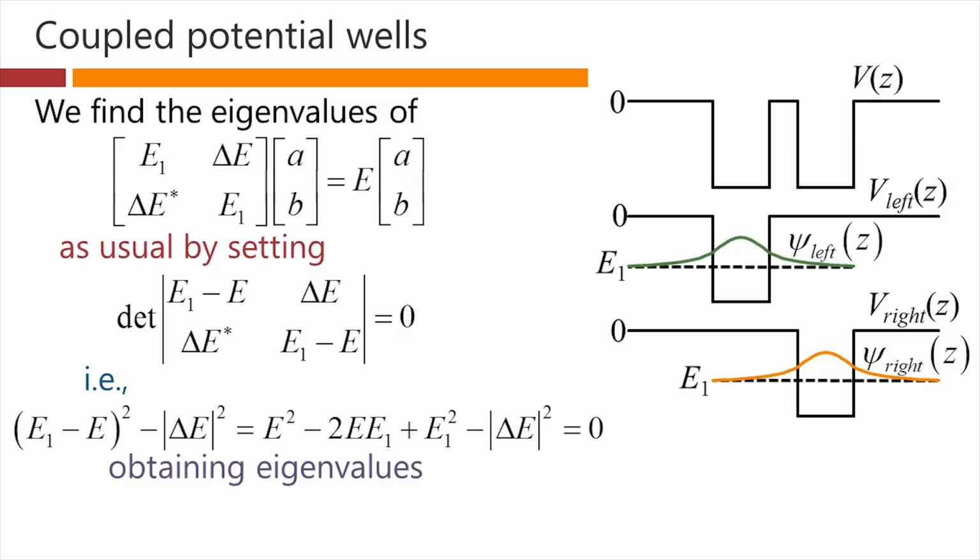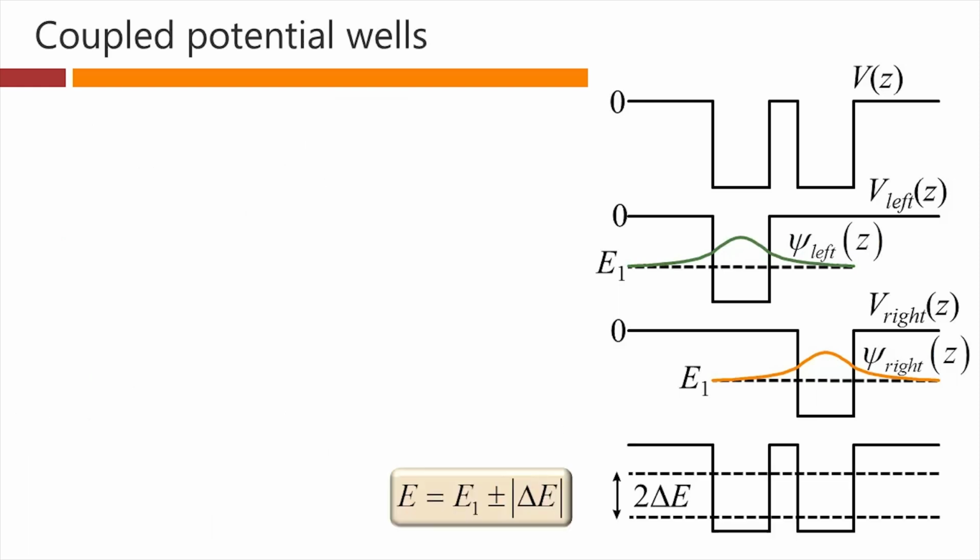And that gives us eigenvalues from the solutions of this quadratic, and they will be eigenvalues E equal to E1 plus or minus the modulus of this quantity delta E. That's the result of solving this equation, or equivalently solving this equation here. And what that means is we're going to get two energy levels here separated by an amount 2 delta E. The magnitude of the separation is that amount.